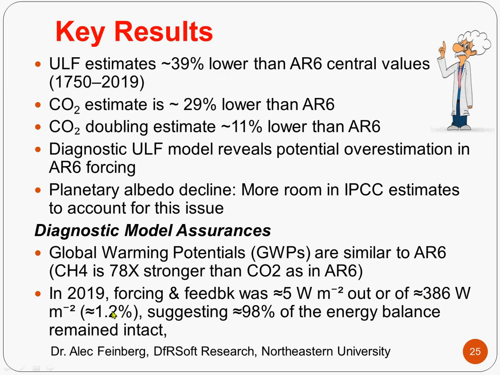It's only about a 1.2% discrepancy. So in a sense, we can say that at least 98% of the energy balance remains intact. So it's reasonable to use a linear model because the planet is very intact. The perturbation from the forcing is not relative. I mean, it's a big deal because it's causing warming on the planet. But in 2019, the perturbation was only a 1.2% effect.